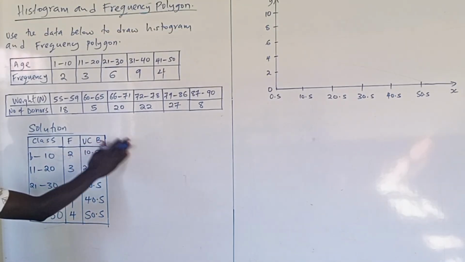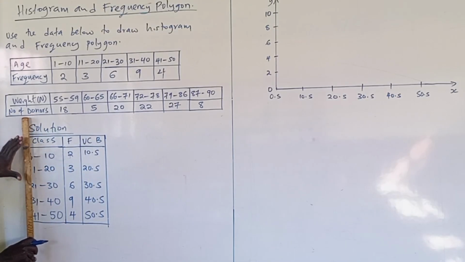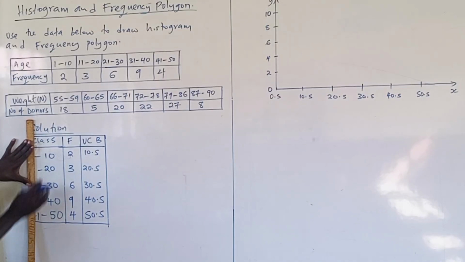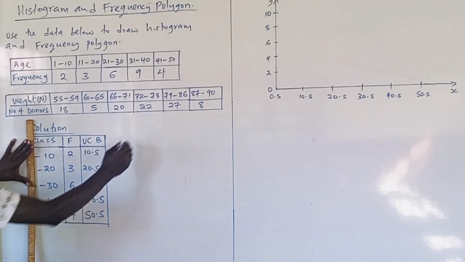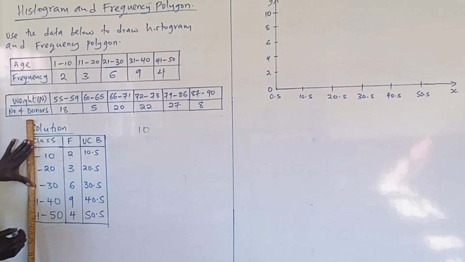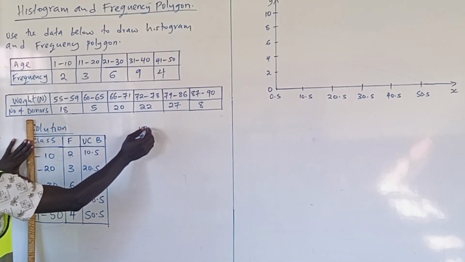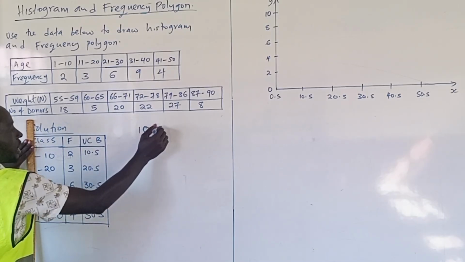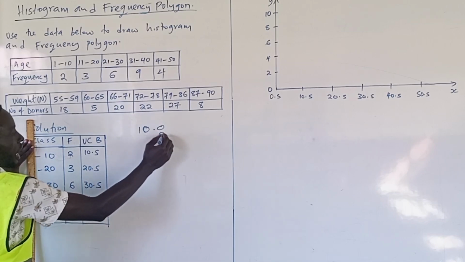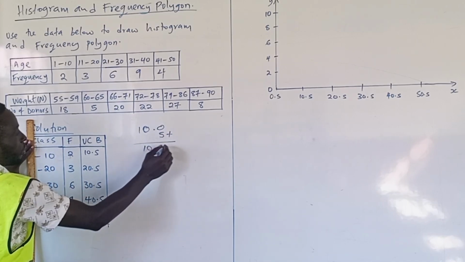How do you get upper class boundary? You ignore these other classes and you deal with these classes only. So this is 10, 20, 30, 40, 50. So the upper class for this side is 10. If the boundary is 10, you add 0, then below it you add 5. So you get 10.5.